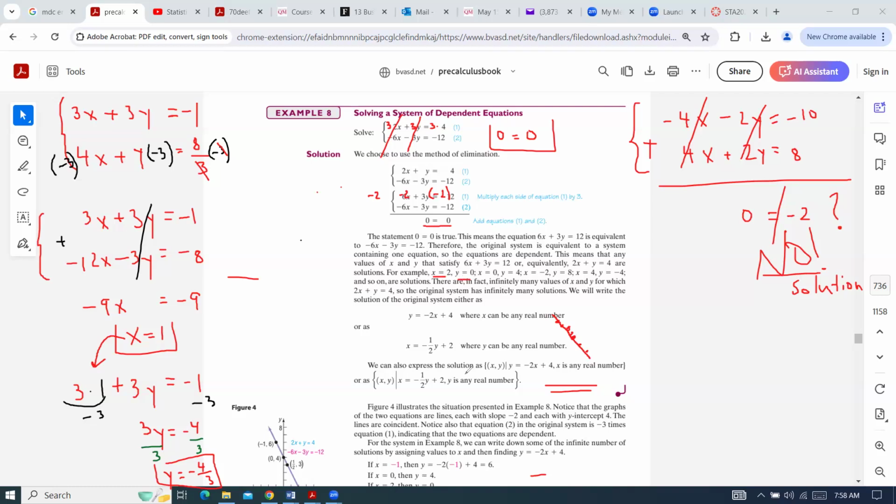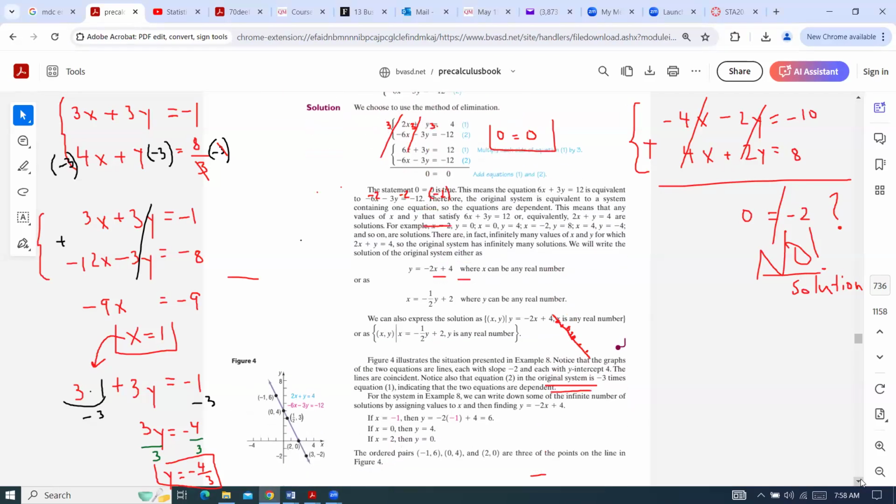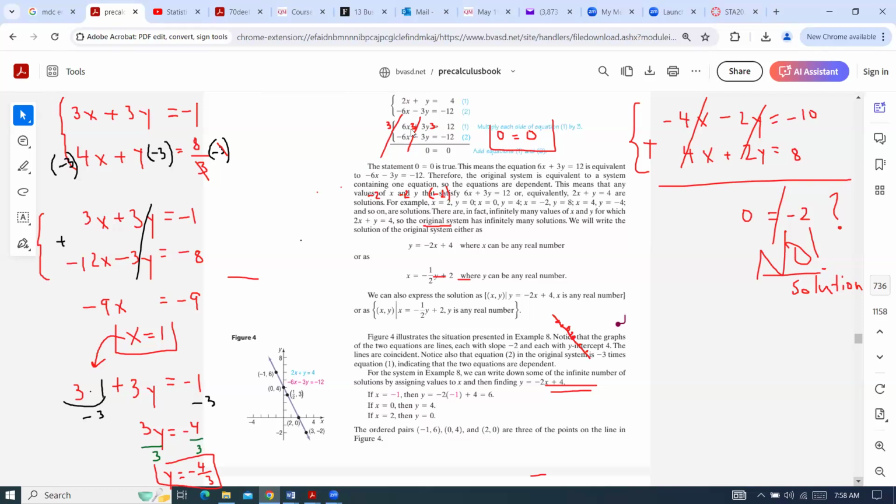So if you have a point with coordinates, let me scroll this down, 0 for y and 2 for x, like (2, 0), then it will belong to the first equation as well as to the second equation.